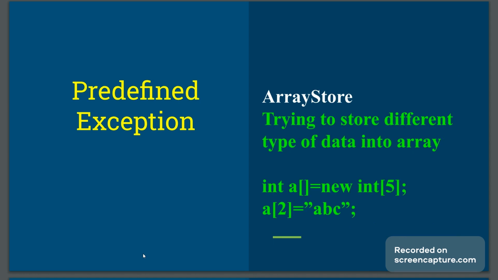Array store exception will be generated if we try to store a different type of data into an array. For example, I have an integer array, and if I am trying to store a character or string type of value into the array, array store exception will be generated when there are incompatible types.